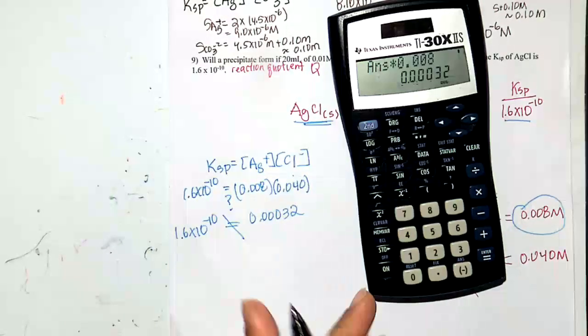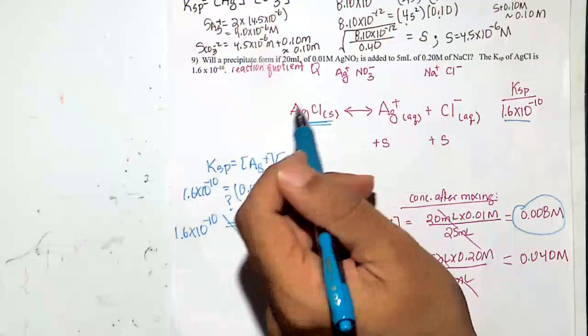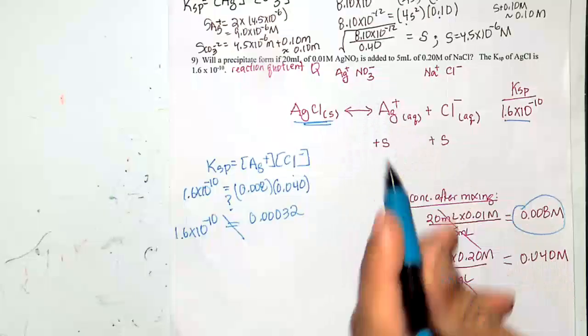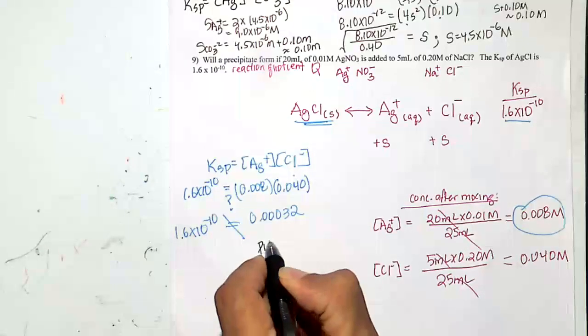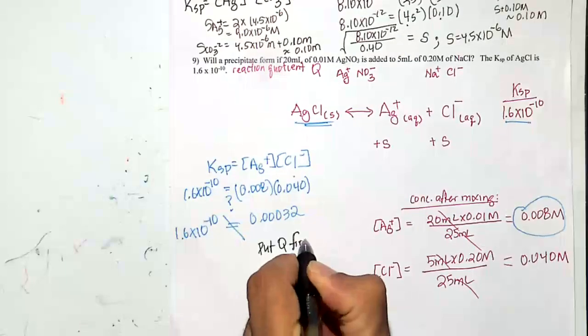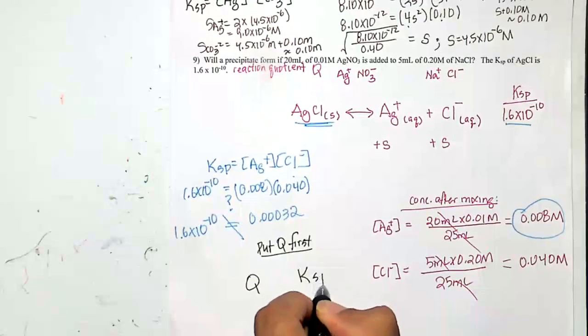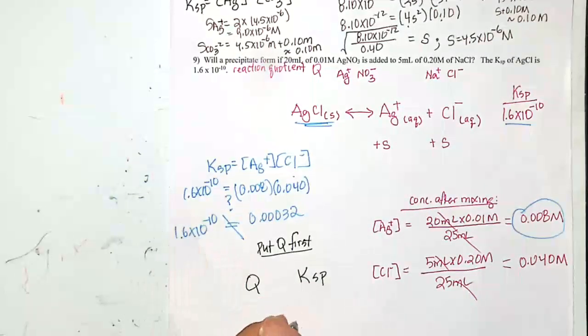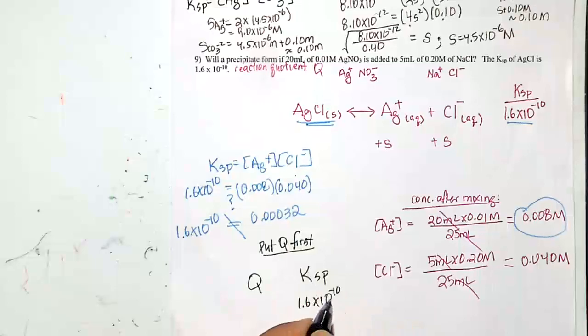It does not. So obviously we're in a situation here where either this reaction is going to go this way or this reaction is going to go that way. So to use this alligator rule, you're going to have to put Q first. We'll put Q first and then compare to KSP. So this KSP is given to us at 1.6 times 10 to the minus 10.